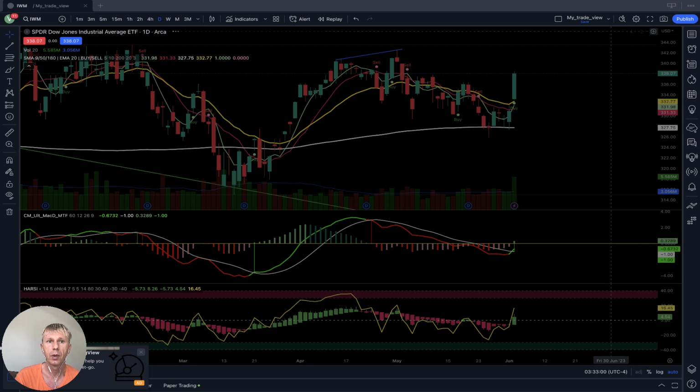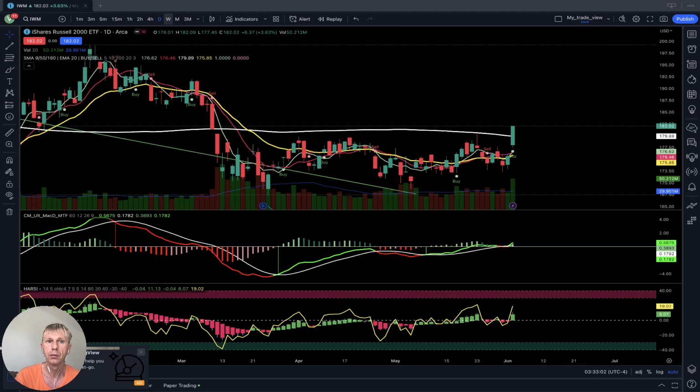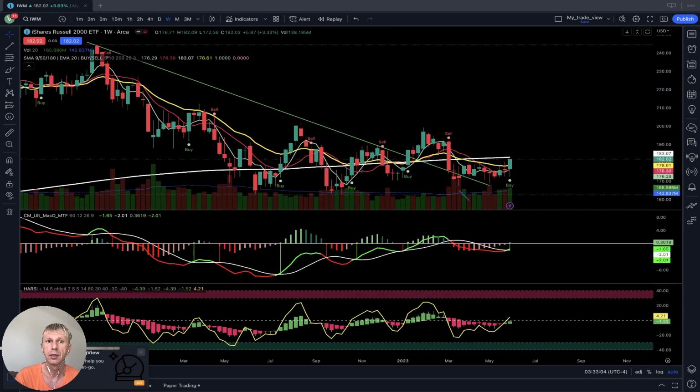Now let's move to IWM. IWM the weakest, right? IWM the weakest. If we compare where it was April, May 2022, we didn't move anywhere. It's a bearish trend. Similar like Dow. Let me move back to Dow.